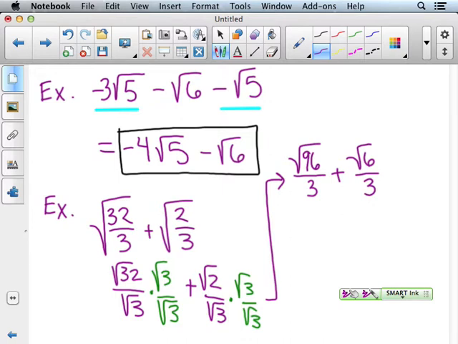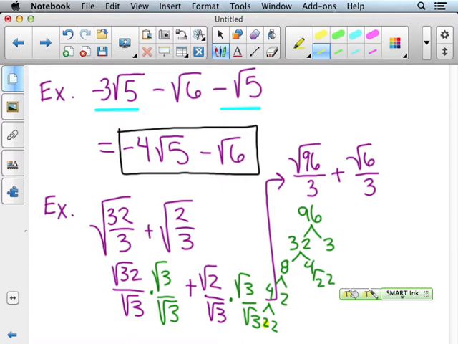Now we're adding fractions. We have our common denominator. The numerator I'm going to try and simplify. I'm going to take my 96 and factor tree it. So this I know is 32 times 3, which is 8 times 4, 2 times 2, 4 times 2, 2 times 2.